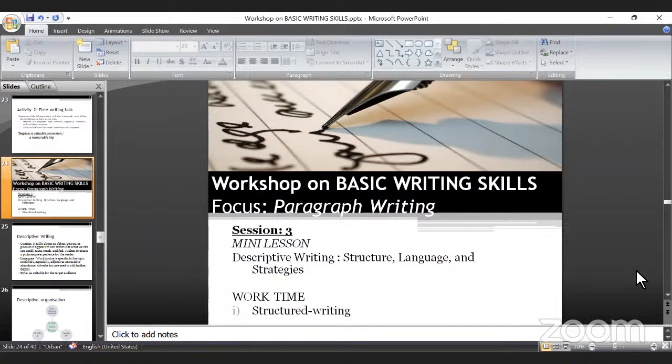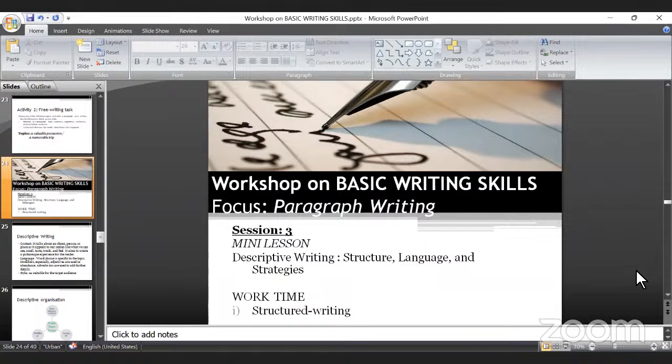But when you talk about basic writing skills, what people mean is: could you at least write a paragraph? The point is, are you able to put together ideas in a cogent, unified and coherent way? Since this is on basic writing skills, we're not going to take up other complicated stuff. A better one to begin your workshops for writing skills would be something like descriptive writing.